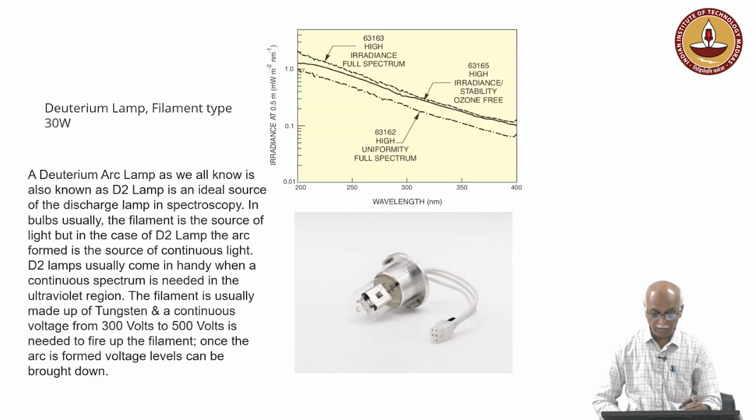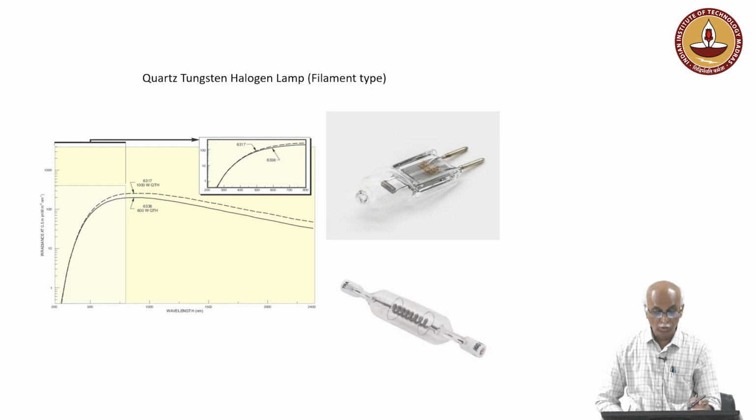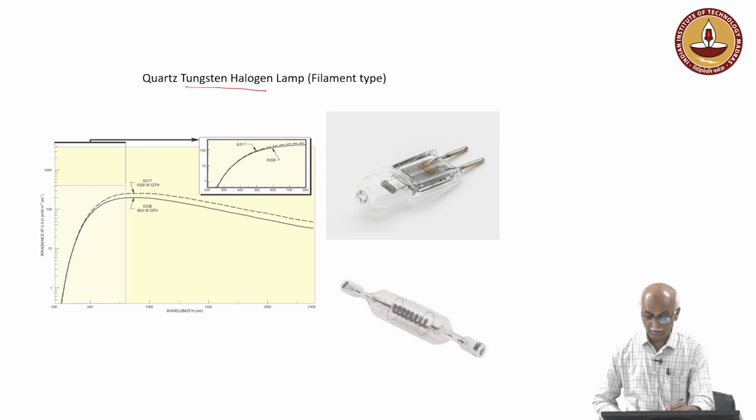Now, the deuterium lamp is based on a D2 light source, and a tungsten halogen lamp means tungsten mixed with some halogen gas, which allows the tungsten filament to be used. At high temperature the tungsten halogen lamp produces an arc, and that arc also has a flat spectrum up to 2.5 micrometer.